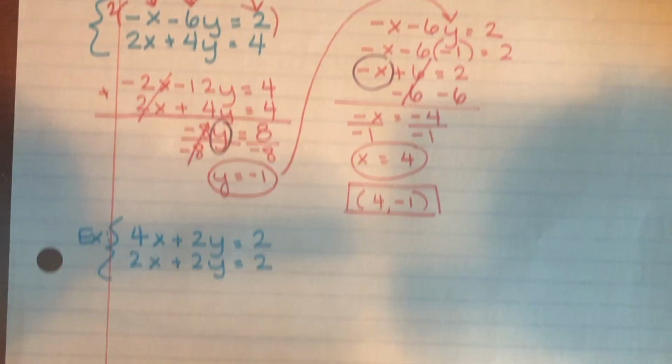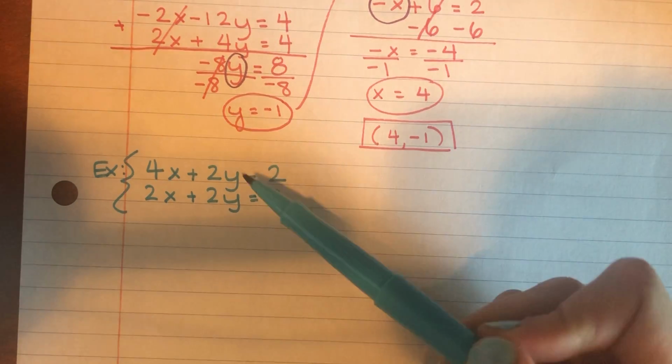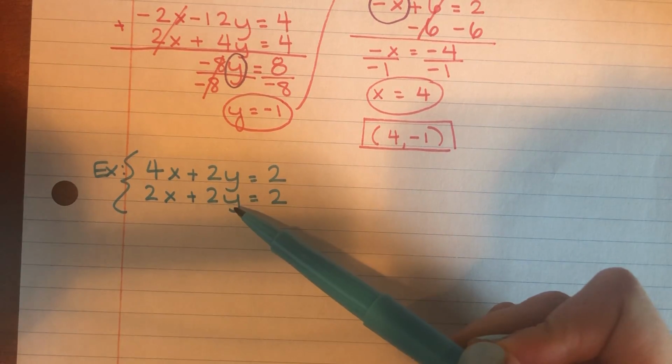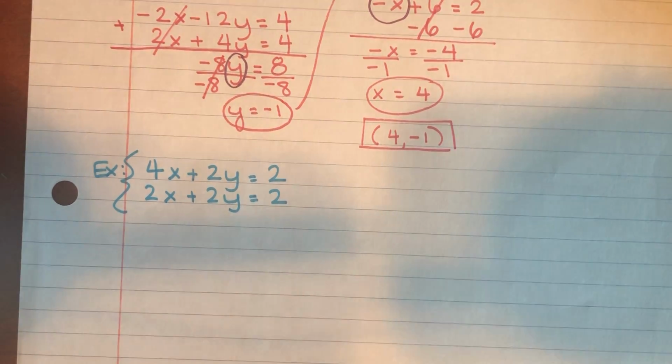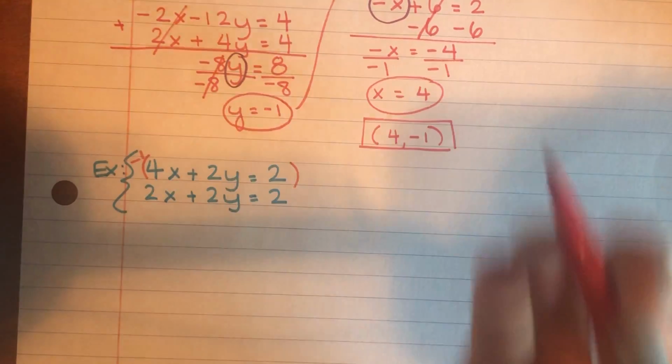Okay, so again, I want to look for additive inverses. I don't have any additive inverses here, but I do see 2y coming up 2 times. It's coming up once in both of my equations. So in order to get an additive inverse, I can multiply one of my equations by -1.